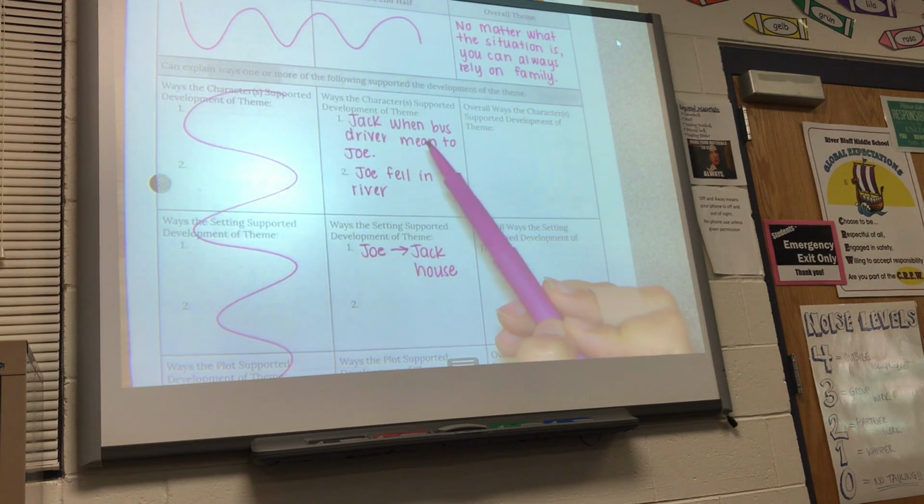So, Jack, when the bus driver is mean to Joe, does that best support how the character developed the theme of no matter what the situation is, you can always rely on family? Or when Joe fell into the river and Jack helped him, does that best support how the characters support the theme? So which one best helps us to understand the theme for characters?